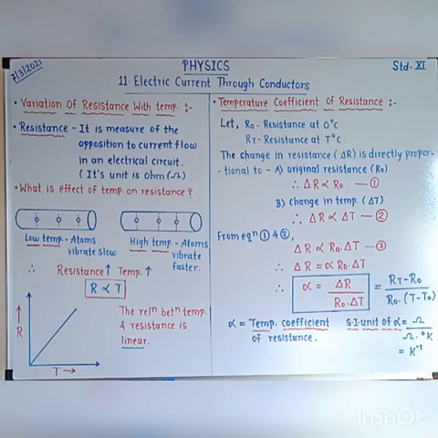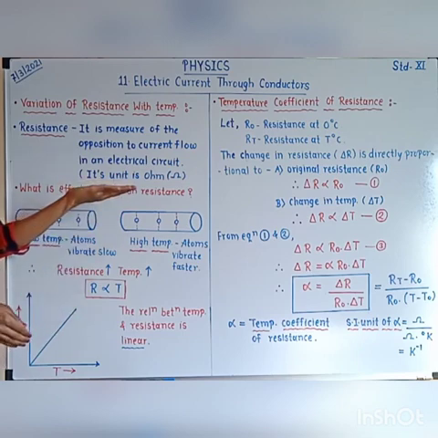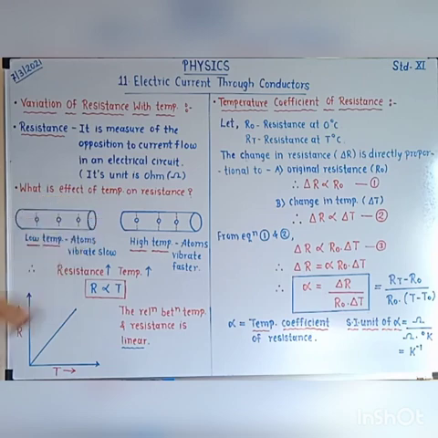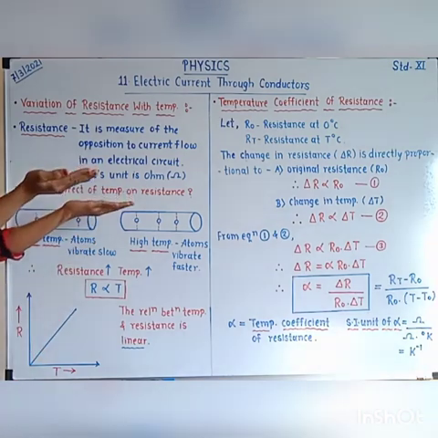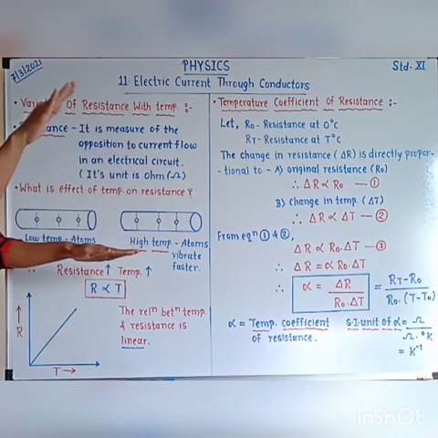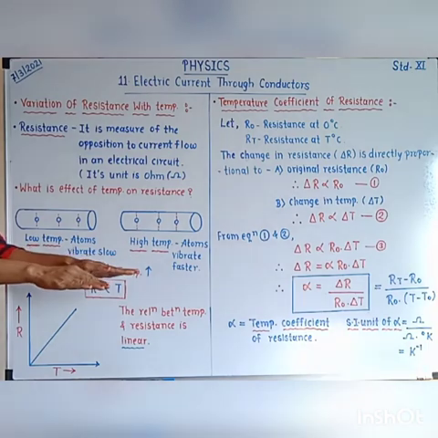So we can say that if the temperature of the conductor increases, then resistance of the conductor also increases, and if temperature of the conductor decreases, then resistance of the conductor also decreases.